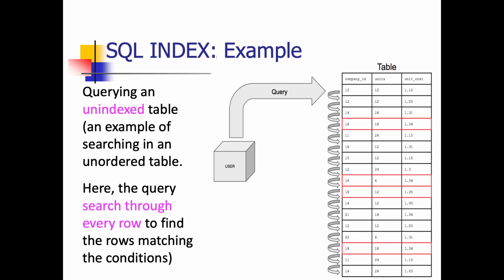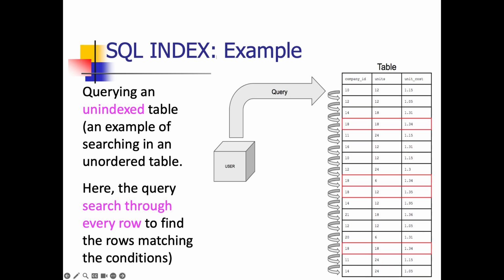When your table is not indexed, when you have not defined an index on this column, the query searches every row to find company ID 18. So how many rows does it search to find company ID 18 in this example?